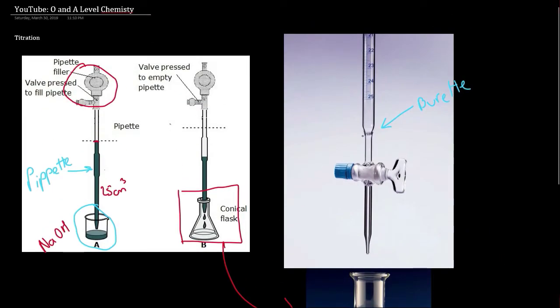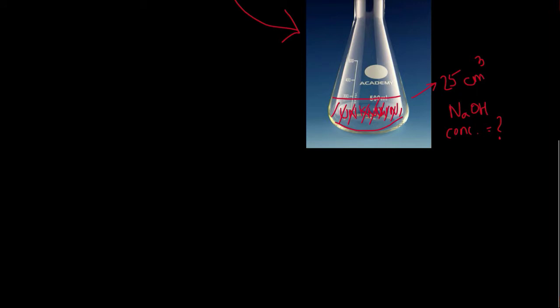So what we do now is we know that sodium hydroxide is going to react with HCl and produce NaCl and water. If you're confused about why this equation is like this, it's a base, it's an acid, so it's a neutralization reaction. You're going to end up with a salt and water.